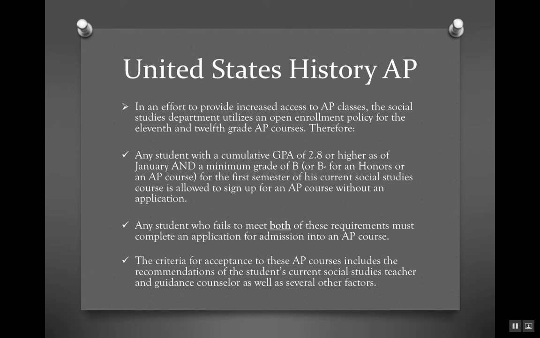Some of those students, of course, are going to be accepted and they'll end up taking the class, but unfortunately, some of the students who apply will not be accepted into the course. When we're looking at students who are filling out these applications, we're going to take into consideration the recommendations of the student's current social studies teacher and his guidance counselor and several other factors as well.